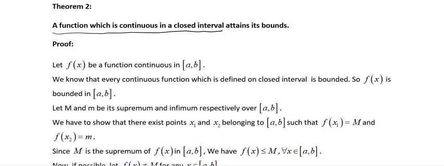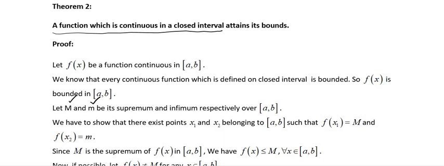Bounded means it is both bounded above and bounded below. Whenever bounded above, you are going to get upper bound, that is capital M. Whenever it is bounded below, you are going to get lower bound, that is small m. Whenever we know lower bound and upper bound, we can easily find least upper bound and greatest lower bound.